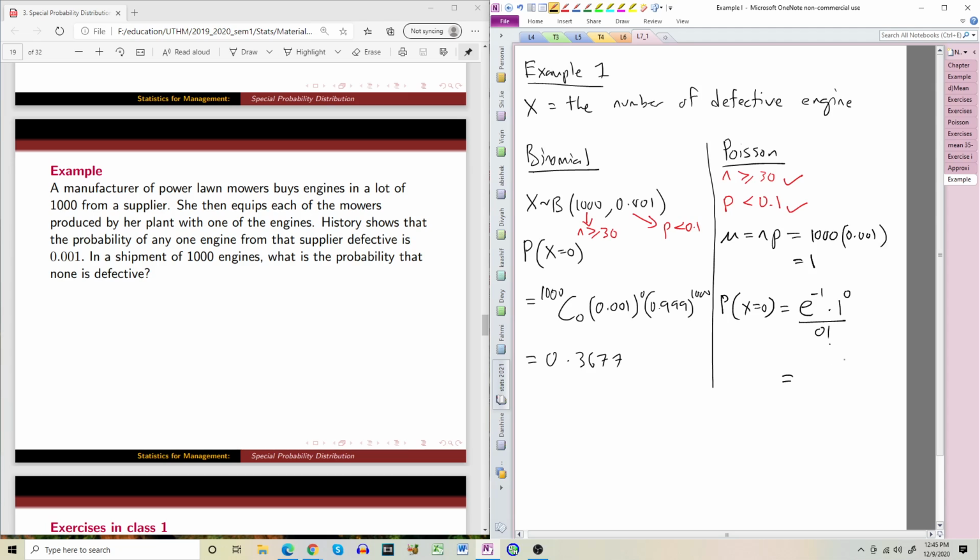If you compute this, the answer is almost the same. You can try. You see, same with this. Even though it is not exactly the same, it's almost the same. That's why we call this approximation. Approximately same.